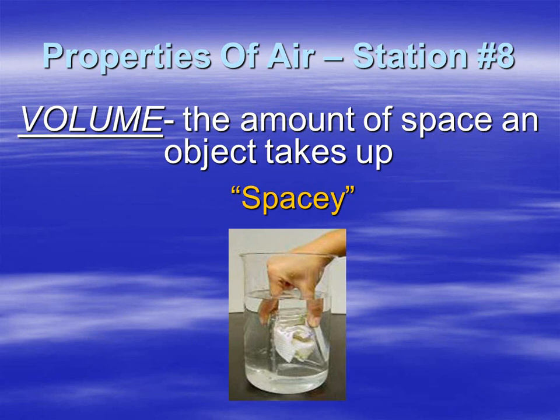This happens because air has volume or takes up space. We know this because the cup in both demonstrations was filled with air. Air also has pressure, so the air pushed the water out of the way and the cork went to the bottom in the glass of air, and the napkin stayed dry in the glass of air.